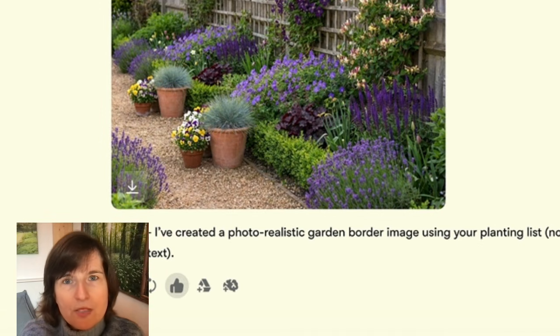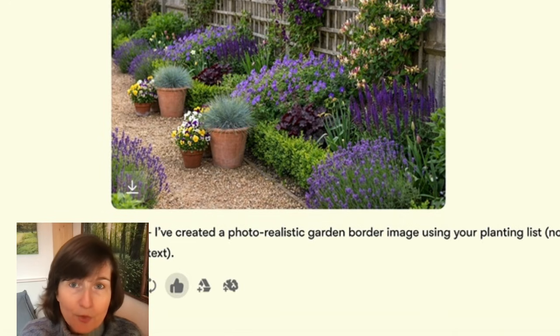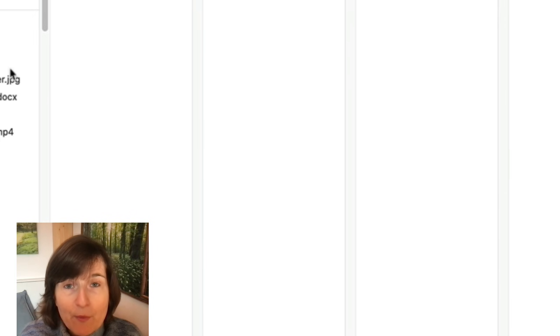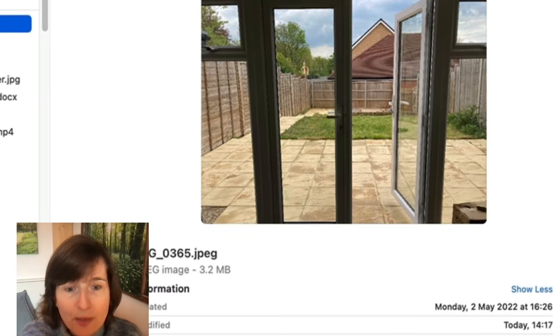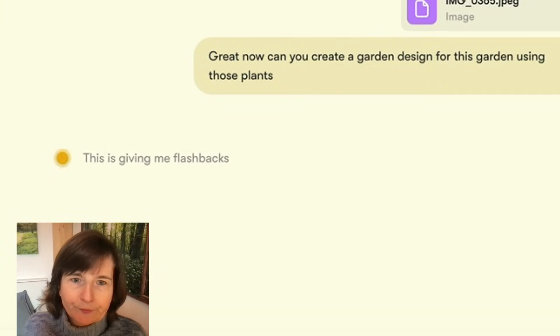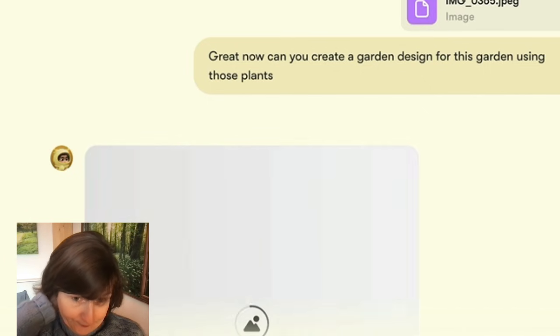Okay, let's see if you can design a garden then. I'll upload my garden picture again and see what you can come up with as opposed to what Grok came up with. And now we've got the plants, they can add the plants as well. Done.